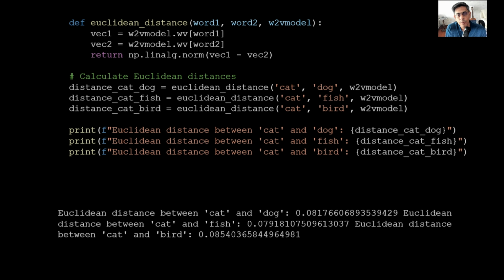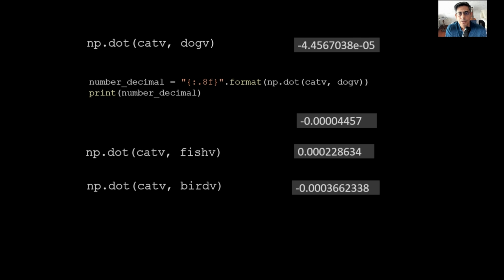Now let's see how it is with the dot product. We perform the dot product by just doing np.dot on the vectors we extracted from word2vec, cat vector and dog vector, and it gives me this value. It is converted from scientific notation to normal notation by this line. Here we can see there are minus 0000 values as against cat and bird, which has got 30.